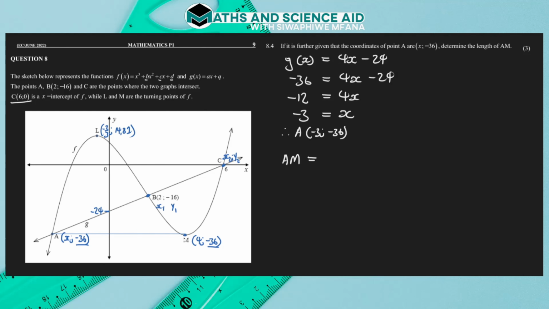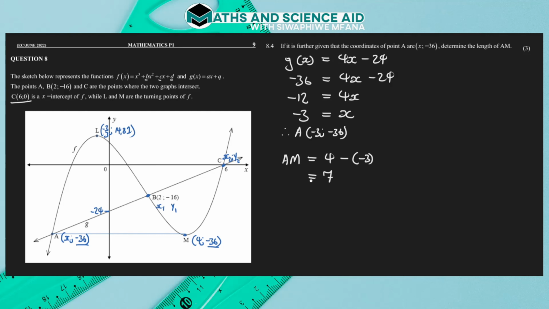And how we must do it, we must subtract the smaller x value from the bigger x value so that the answer is positive. So we have 4, and we are going to subtract from it negative 3, meaning that the length of AM is 7.